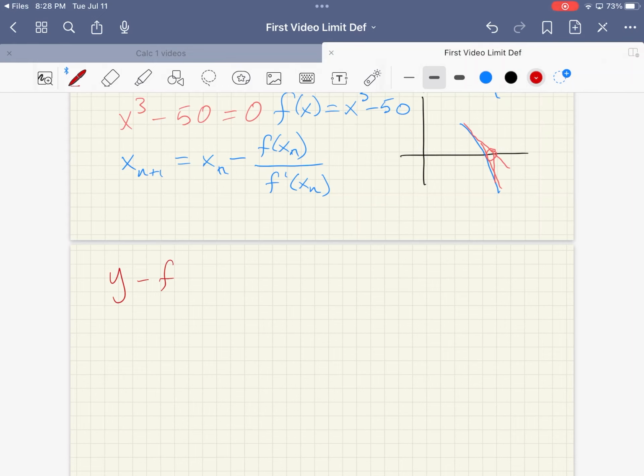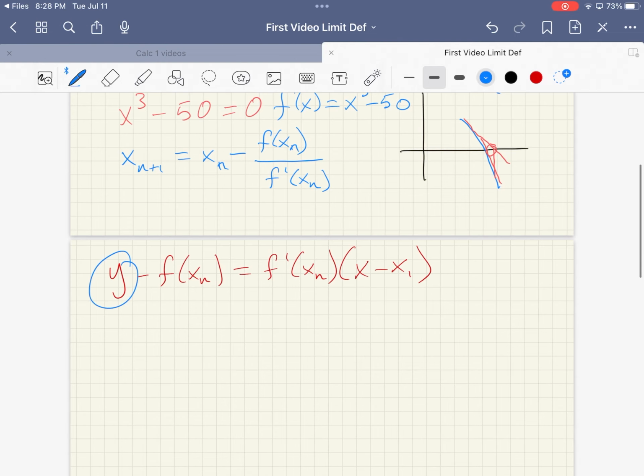So I get y minus my function value equal to my slope, which is the derivative, times x minus my x value. Now, remember what I'm trying to solve for is, I want y to equal 0 because we want to know where it crosses the x-axis.